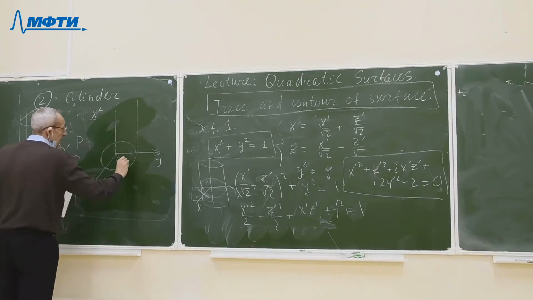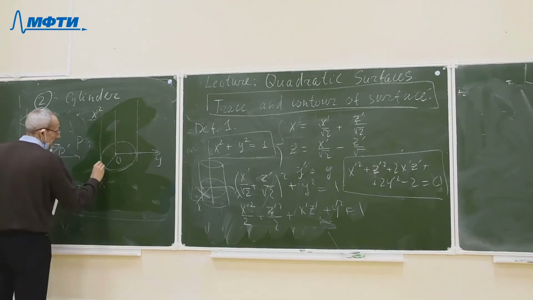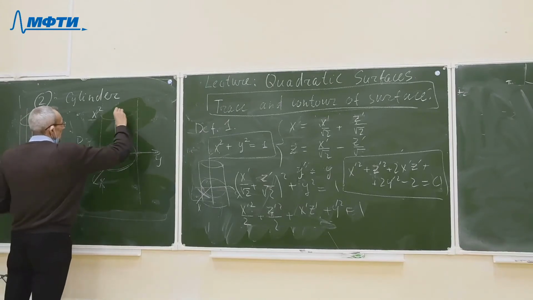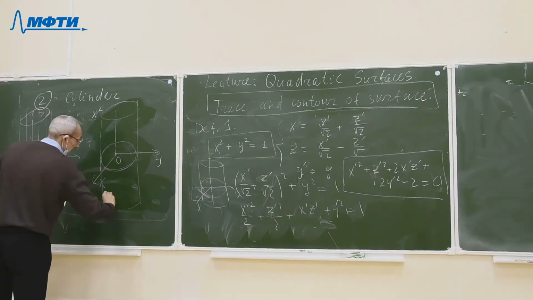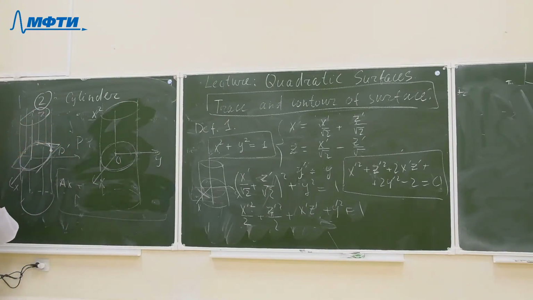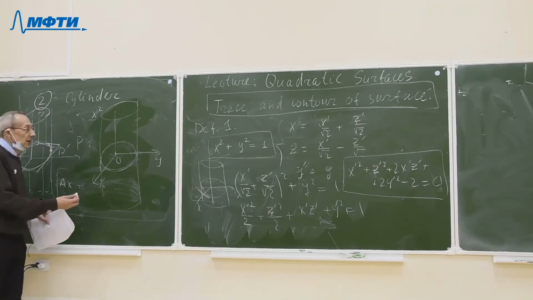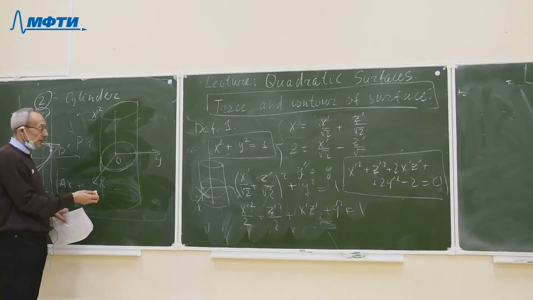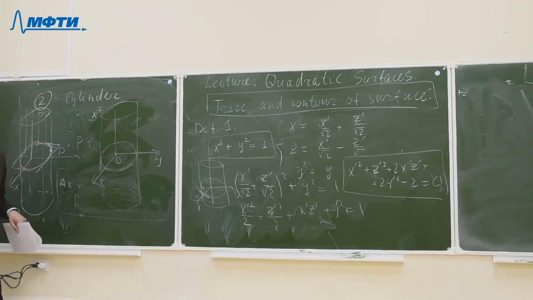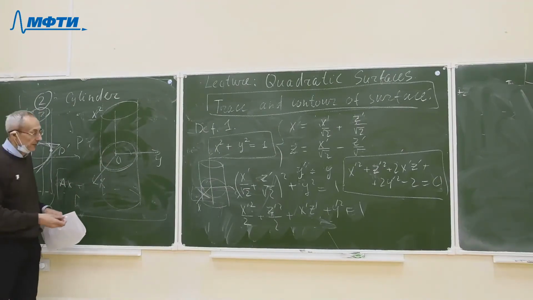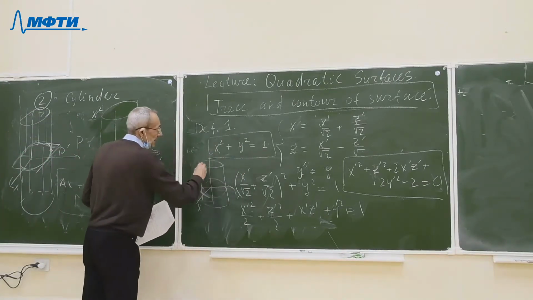And we obtain the cylinder which consists of straight lines which pass through this circle, and these straight lines are parallel to the OZ axis. This cylinder is defined by this equation.